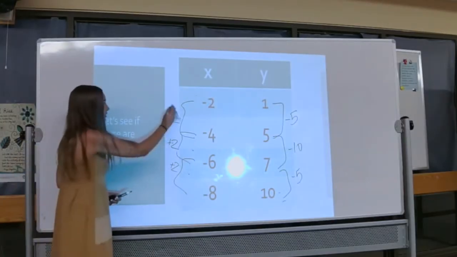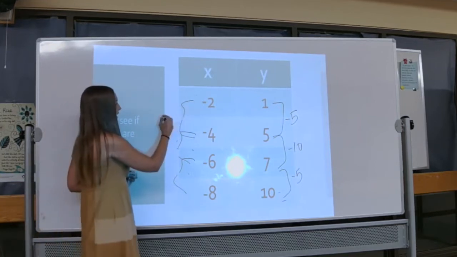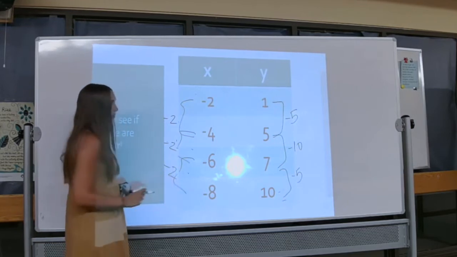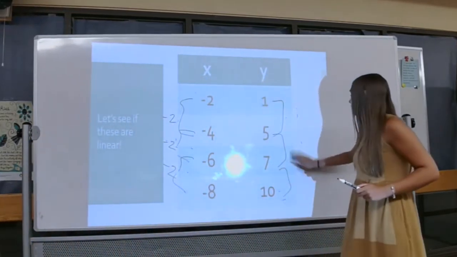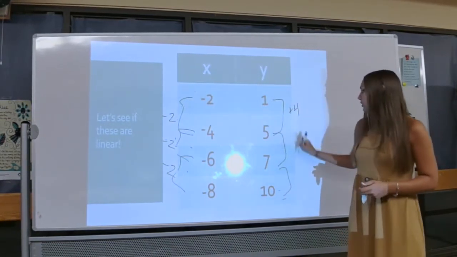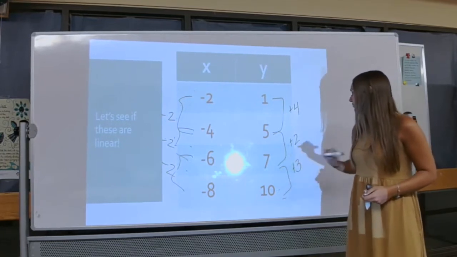So for this problem, we are going down by 2, down by 2, and down by 2. On this side, we are going up by 4, up by 2, up by 3.